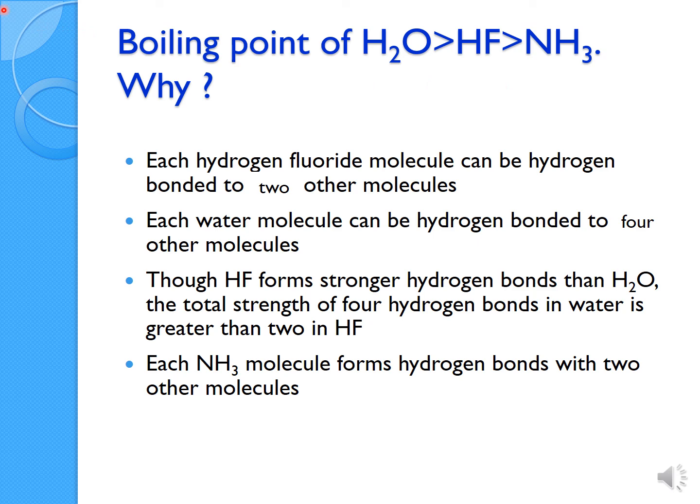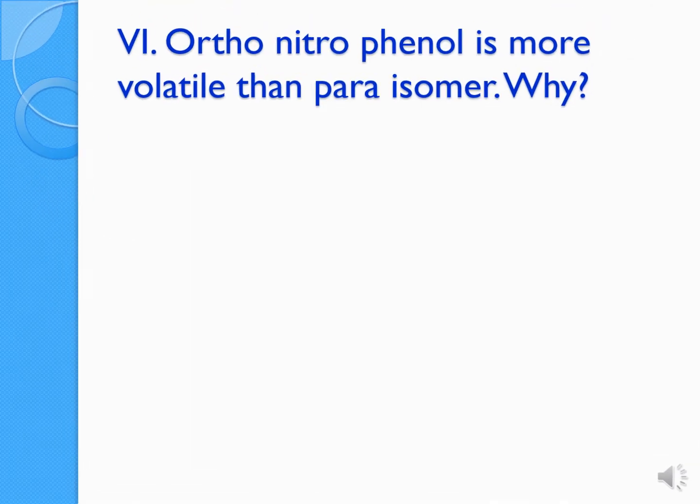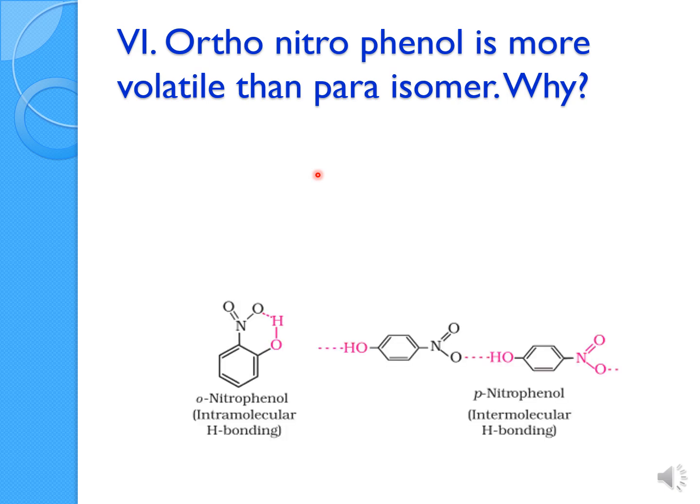So this is another question which is often asked. Now another question is, why is orthonitrophenol more volatile than paranitrophenol? Actually, we have seen the answer to this earlier. In orthonitrophenol, there is intramolecular hydrogen bonding.